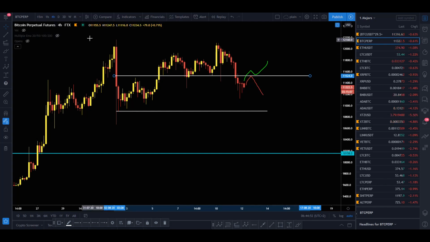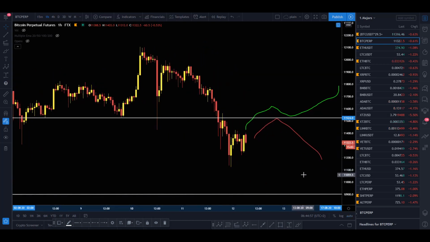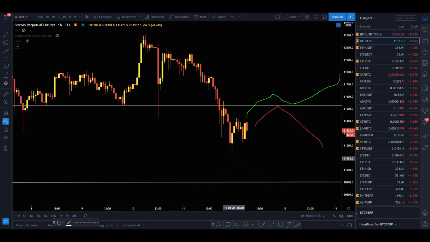Now let's take a look at what's exactly happening here. It's a shallow bounce, and could very well be that we see something like this, an A, B, C, then continuation to the downside. So as long as we're not above, let's say 11.5, 11,550, and a proper retest, so not just one candle here and think okay, we're above the line, so we're going up.